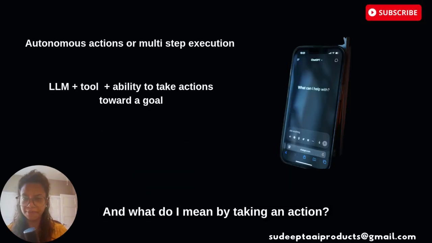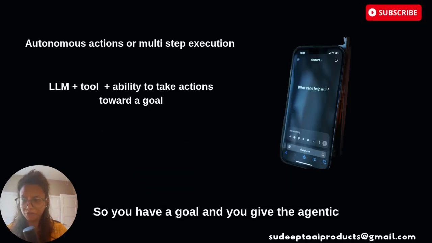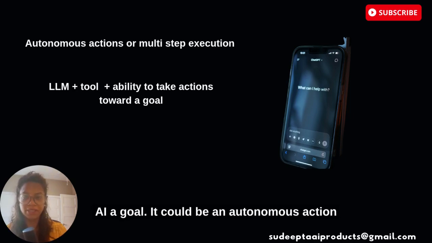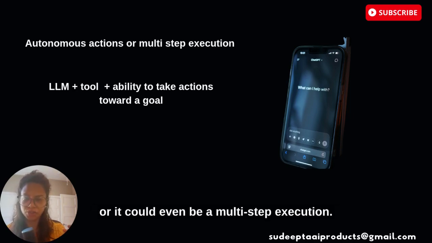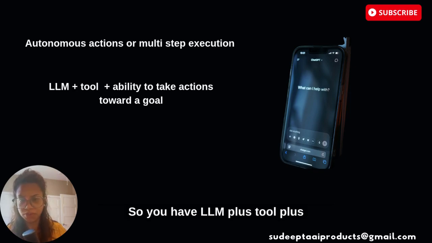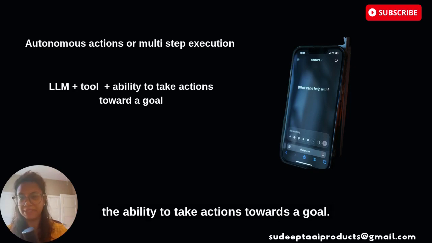And what do I mean by taking an action? So you have a goal and you give the agentic AI a goal. It could be an autonomous action or it could even be a multi step execution. So you have LLM plus tool plus the ability to take actions towards a goal.